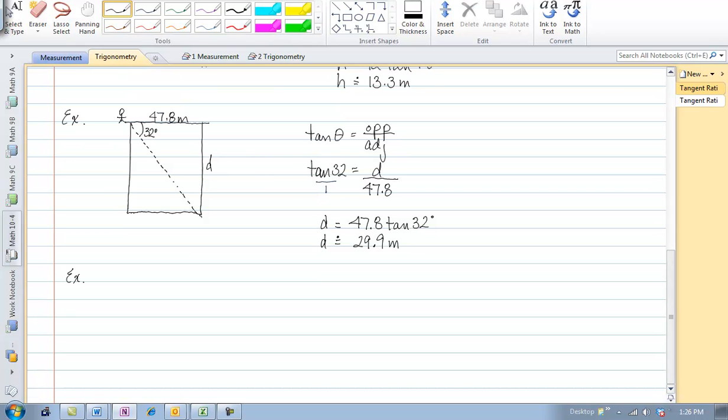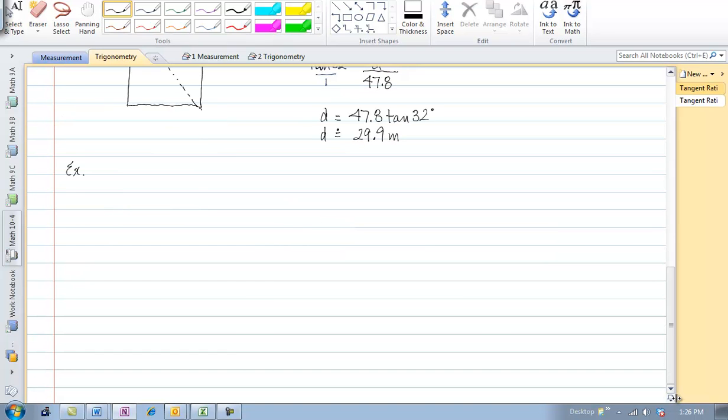One more example then. Let's say, for example, that we are in the street and we are looking at the top of a tall building, and we know that the height of the building is 72.4 meters. And here's the road.